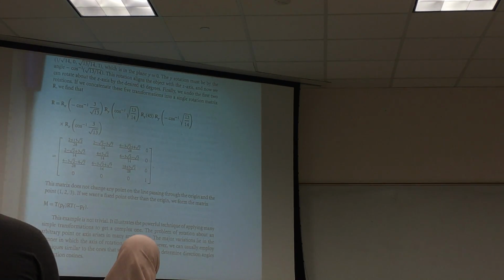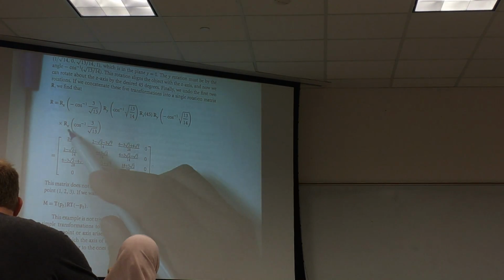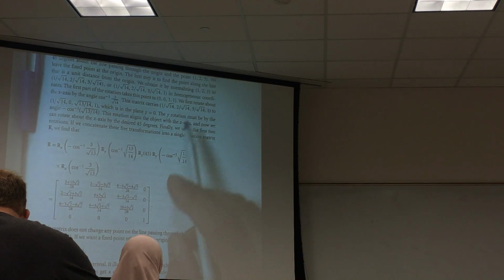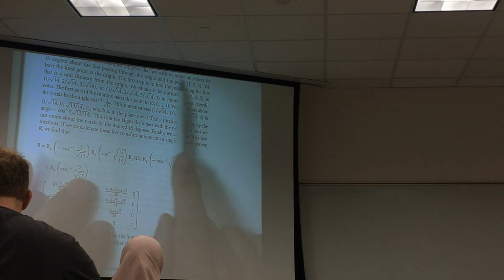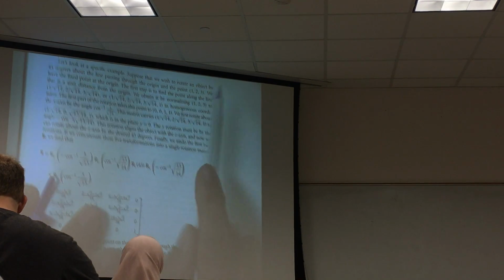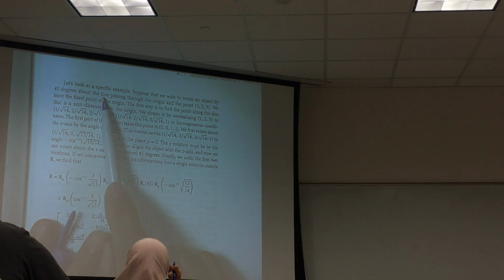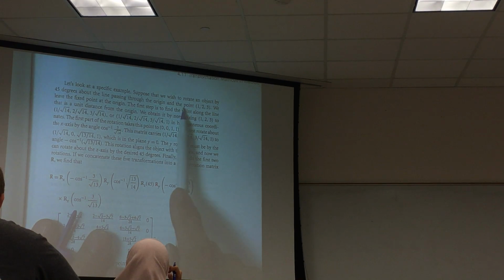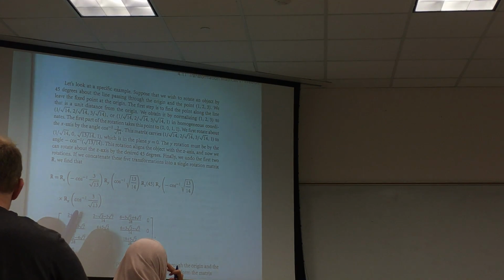In the book, instead of translating the x's, assume it's already translated, so you have an rx by this angle. So how do I specify my orientation? You have to read the problem carefully, right? So if you want to rotate the objects by 45 degrees, here's the rotation line passing through the origin, and then the point 1, 2, 3, and that's the position vector of the point that gives you this rotation axis.